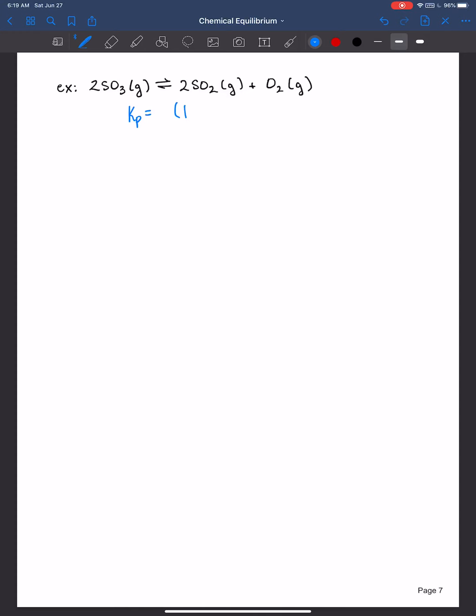But in this case, you need to represent that as a partial pressure as opposed to in terms of molarity. So the partial pressure of sulfur dioxide to the second power times the partial pressure of oxygen, those are your products, over the partial pressure of sulfur trioxide to the second power there.